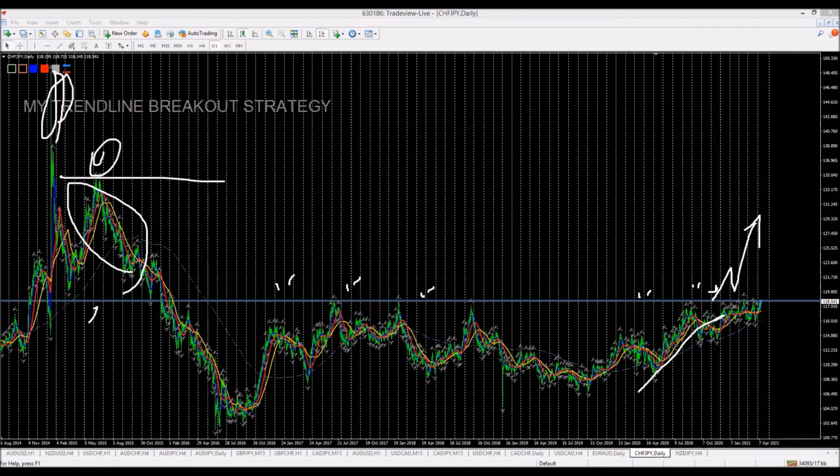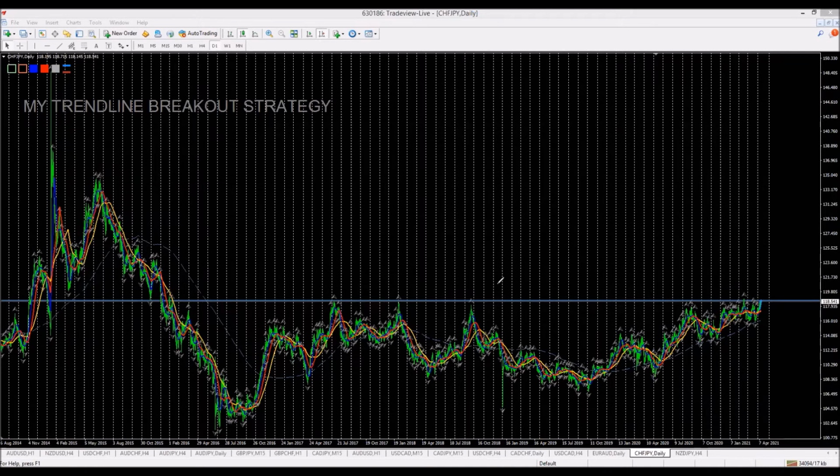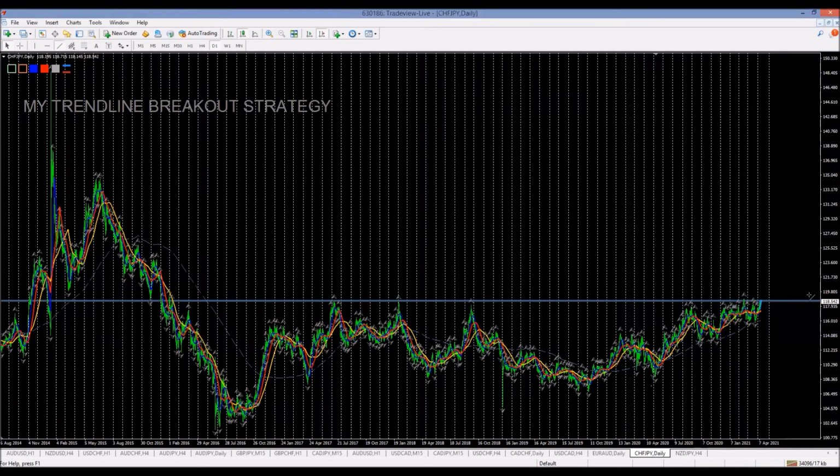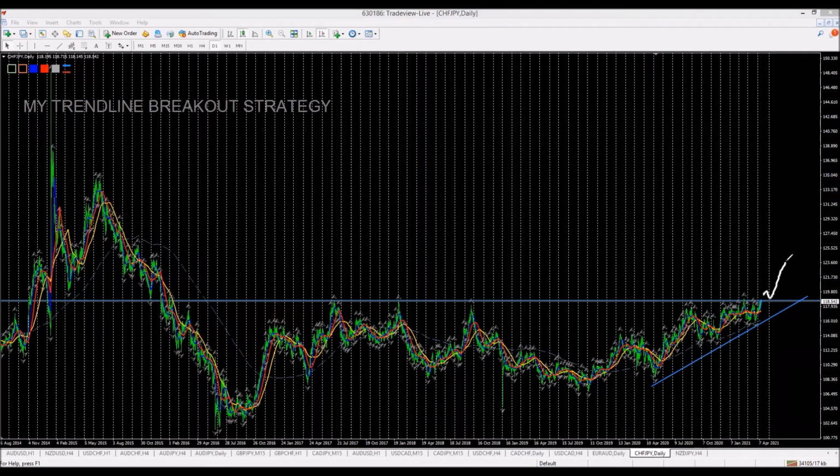Let's just get these drawing tools right. If it pushes through there, what we could observe is it's a triangle break. This is another pattern that you should know. You see, it's wedging into this triangle now. If that breakout happens, that's a breakout up here.